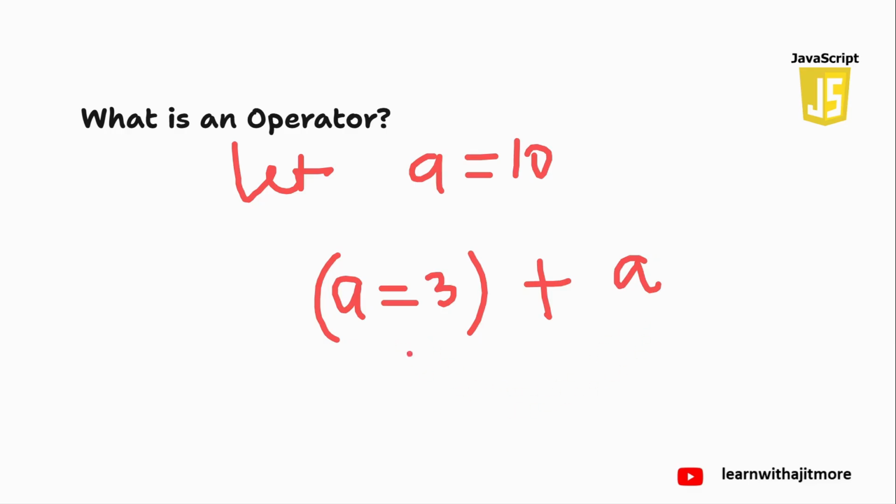So a equal to 3 stores 3, and the result of the bracket is 3. When it comes to this side, the value of a is already 3. It will take 3 and you'll get 6. If you swap the parts, with a first and the bracket after, you get 13. Don't expect the same result in C or C++. But in Java, the exact same thing.